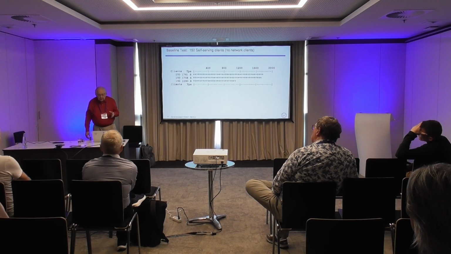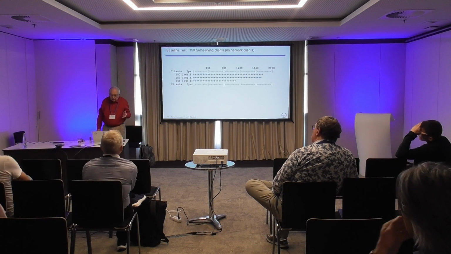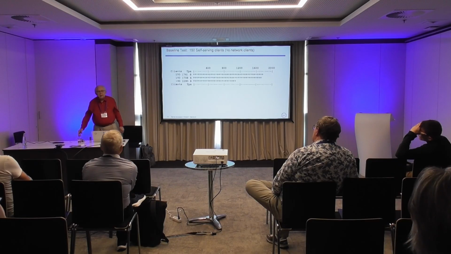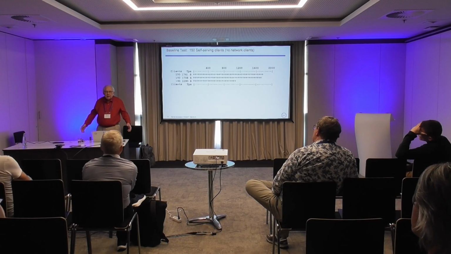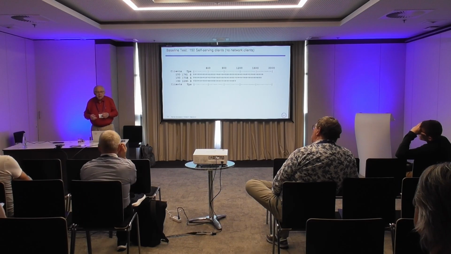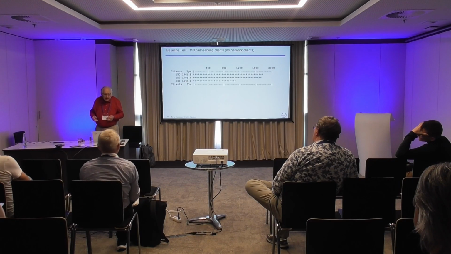In this case, we get 1,761 transactions per second. That's the fastest we can go. And for this test, all of those network parameters don't matter because we're doing self-serving clients.